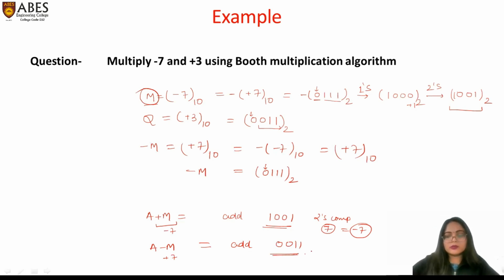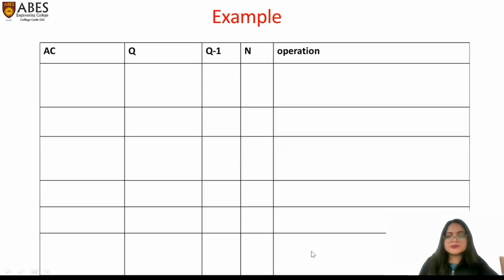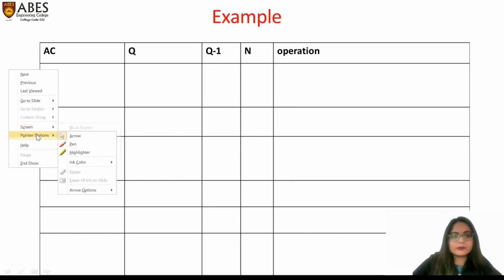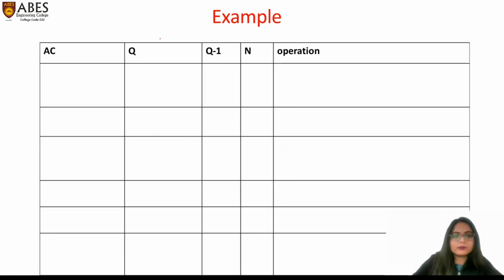Clear? Now, moving forward to the steps. The accumulator will be initialized as 0, so the value in the accumulator is 0, 0, 0, 0. Clear?